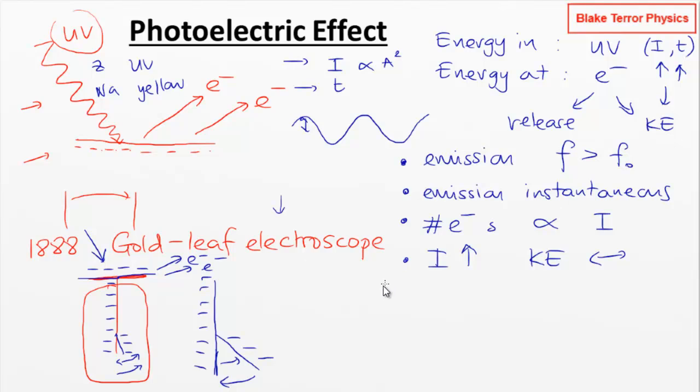What is actually increasing the kinetic energy of these electrons is increasing the frequency. If you increase the frequency, then the kinetic energy of the electrons goes up. So we've got five observations here which are contrary to what people were expecting at the time.